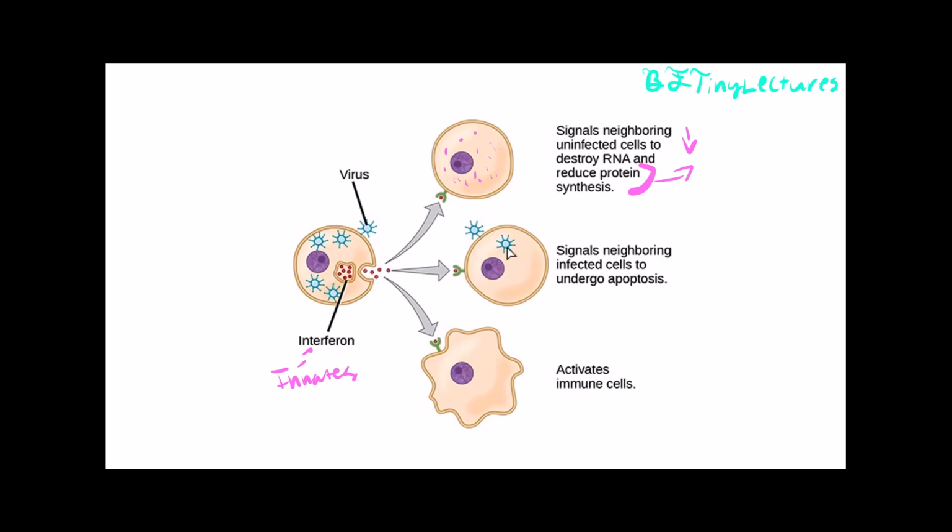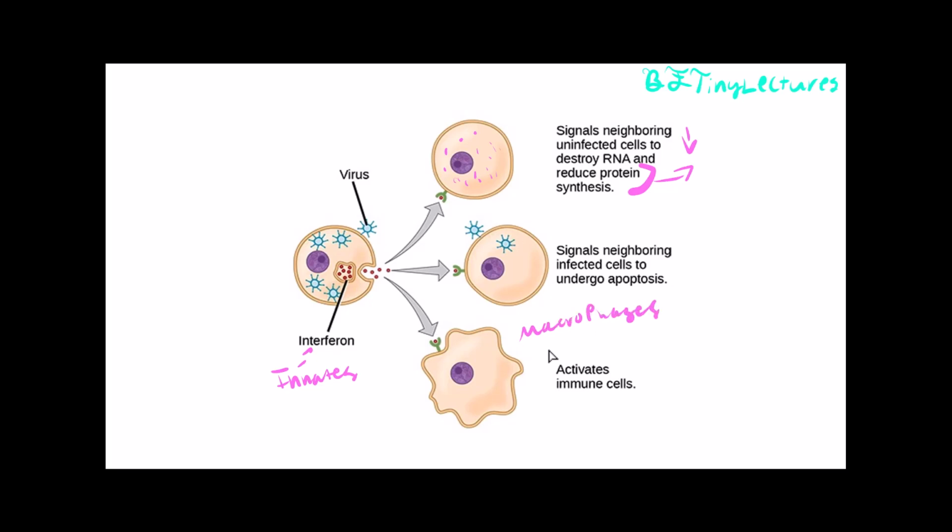If we have cells that are infected, the interferons are going to target that cell, and it sends a signal for this cell to self-destruct. It's going to induce apoptosis. The interferon is also going to activate immune cells, for instance, macrophages.